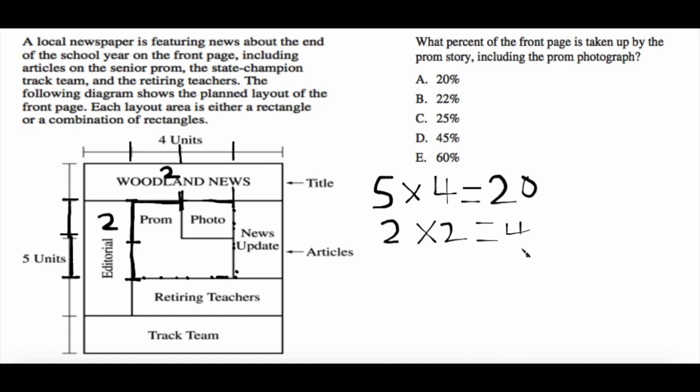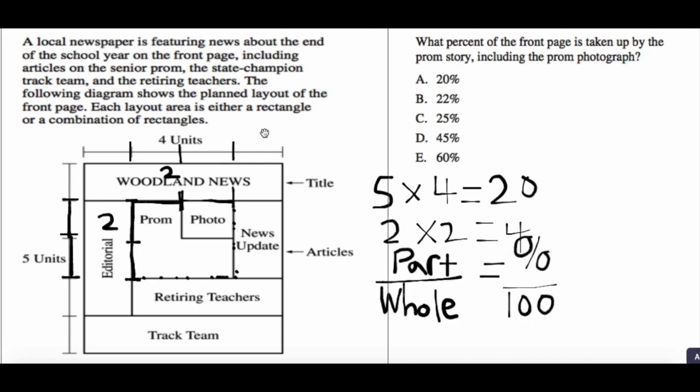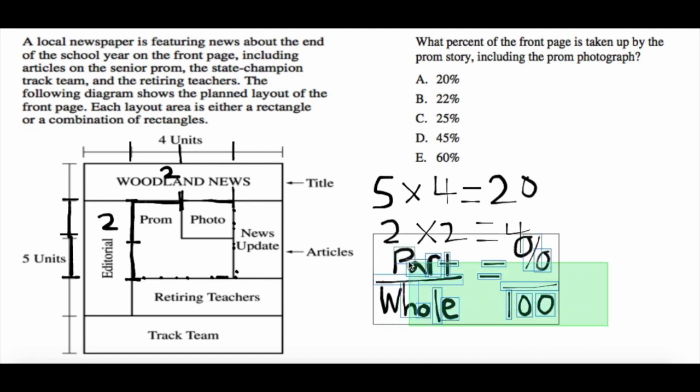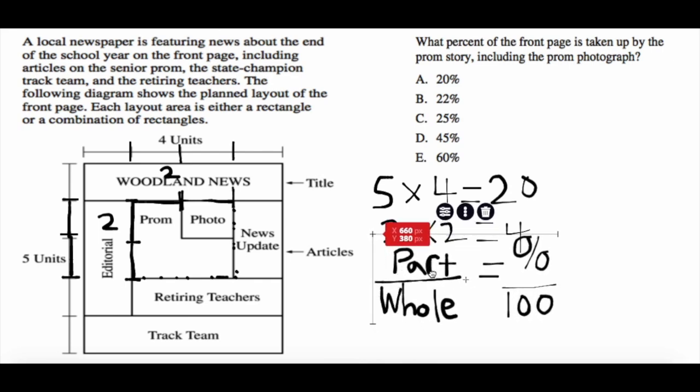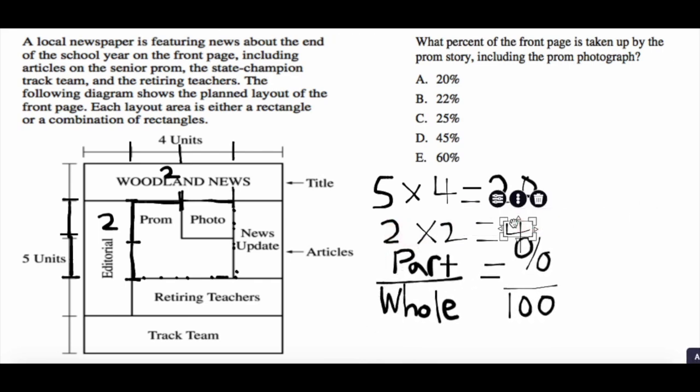Okay, so now we can bring in our formula for part over whole equals percent over 100. And like I said earlier in the video, if you can do this without needing to use the formula, just plug the numbers in and know how to do this, that's ideal. But if not, that's what the formula is here for. In this case, the part is 4 and the whole is 20. So we've got 4 over 20 equals percent over 100.